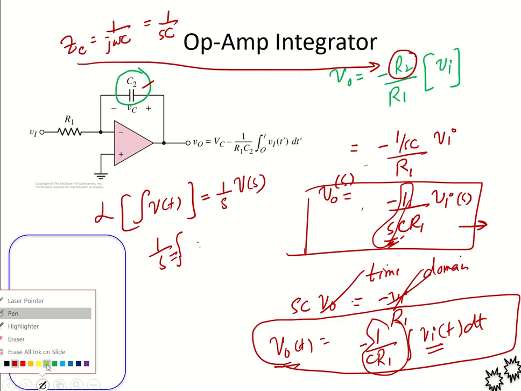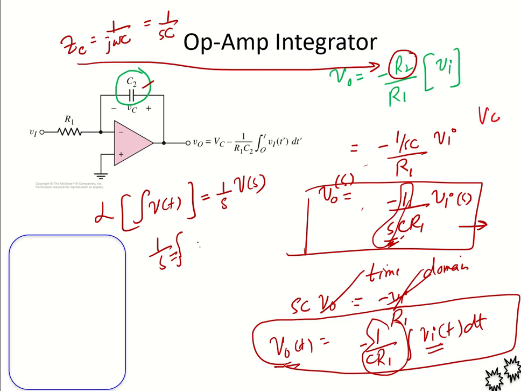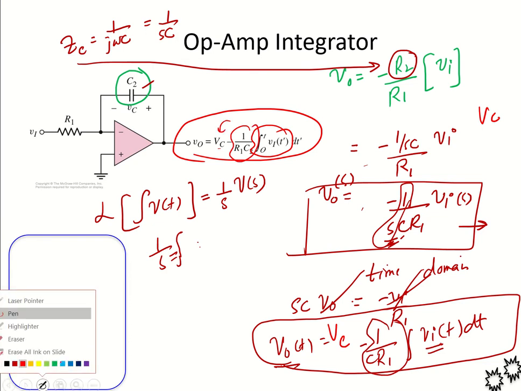And if we add the initial condition, for example the initial voltage across the capacitor is Vc, that initial condition just comes here. So this is the actual formula. In the time domain, the output voltage will be the integration of the input multiplied with a constant parameter, with an initial condition.